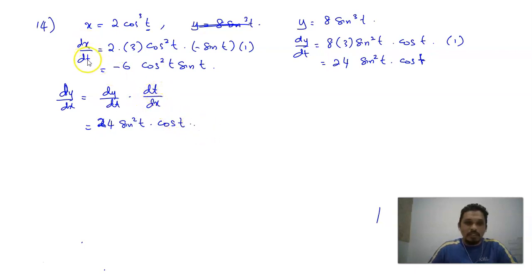This is dx/dt, so we come out with 1 over. We can just imagine that as divide by negative 6 cos squared t and sine t.